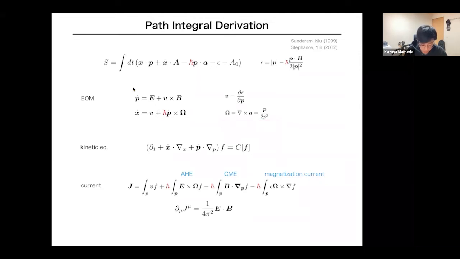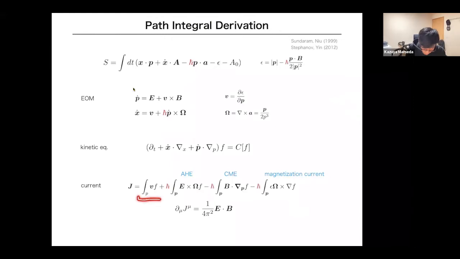So very roughly speaking, if you go to the semi-classical theory, we get a new term proportional to the Berry curvature. Also, the current should be modified like this.